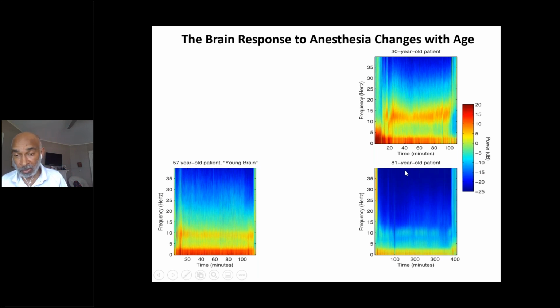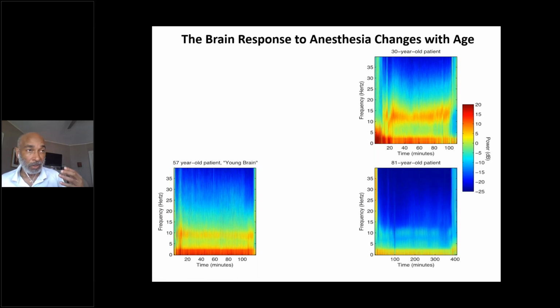And one of the things which is important to notice, there's a complete absence of the oscillations up here in these bands where you normally have the high frequency oscillations that I was showing you when she was conscious, in addition to the appearance of the slow oscillations and the alpha oscillations.